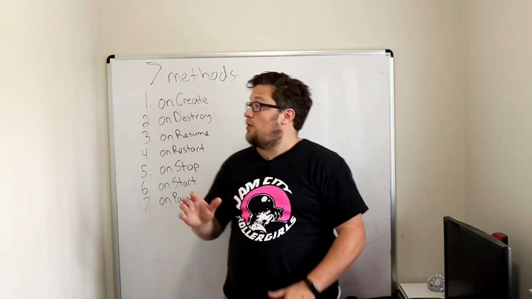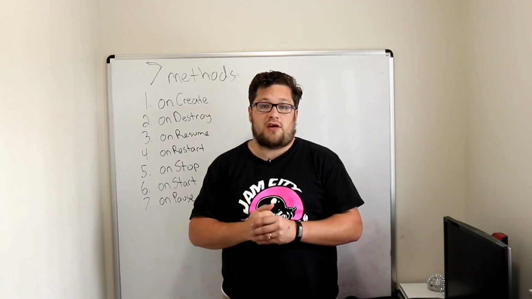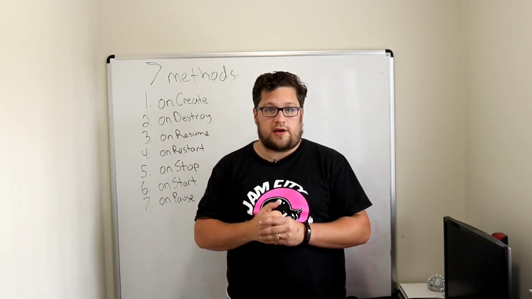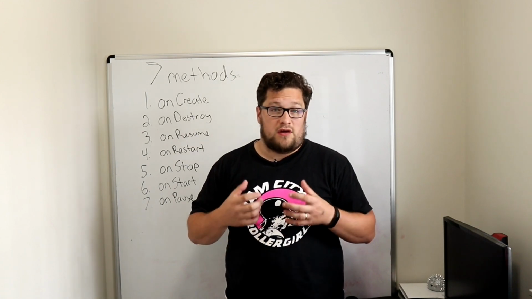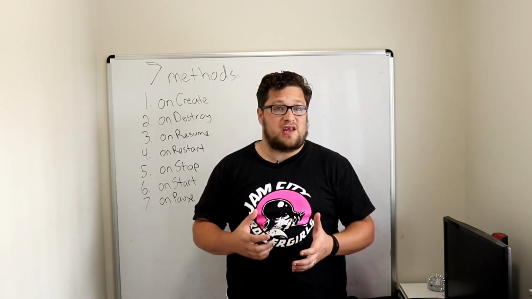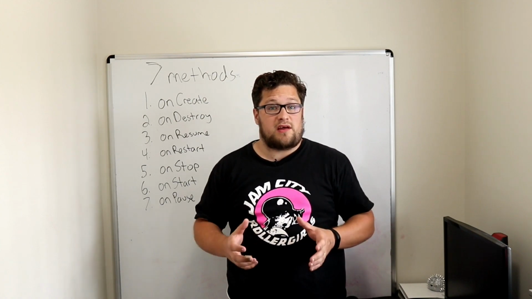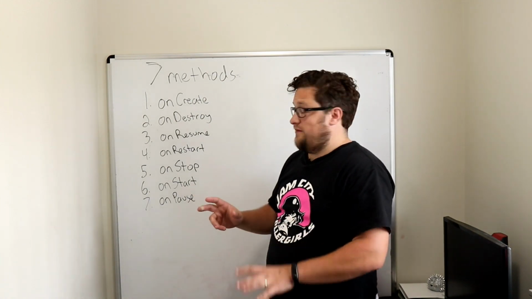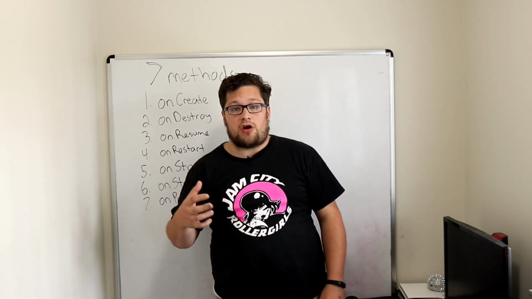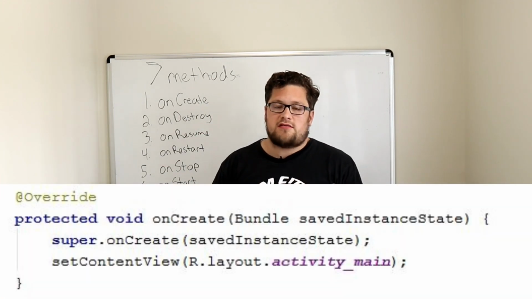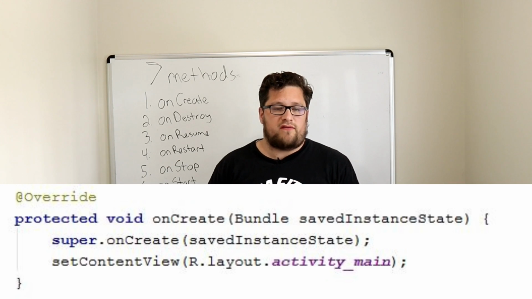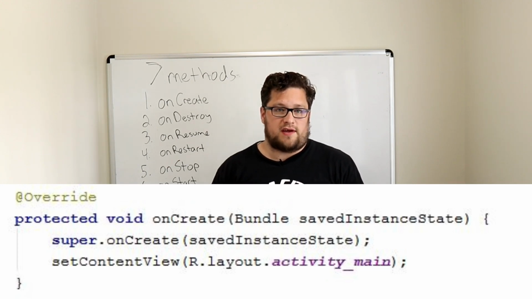There are a total of 7 lifecycle methods on an Android activity. Some of these you will find incredibly useful. Others you may only need in very niche circumstances, but I think it's important for you to be aware of all 7 of these. We're going to start by talking about onCreate. OnCreate, the easiest way for me to explain that is it's sort of like the constructor for the activity.